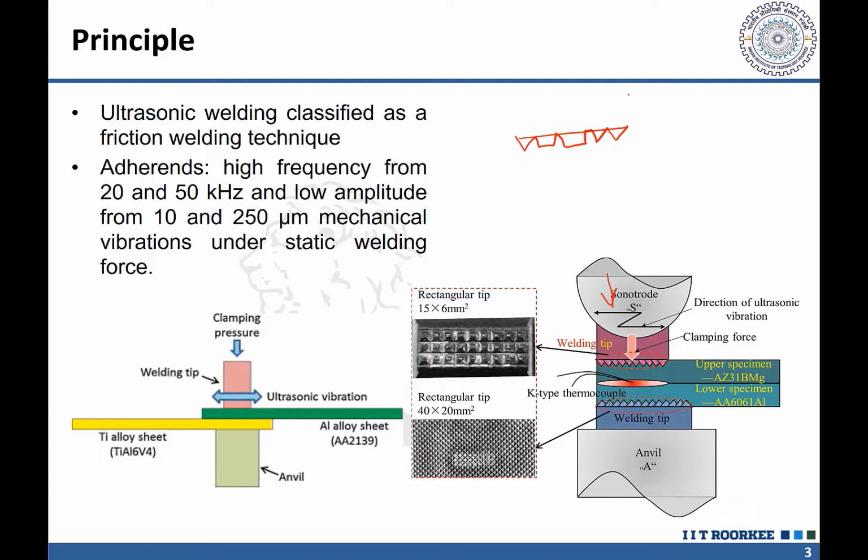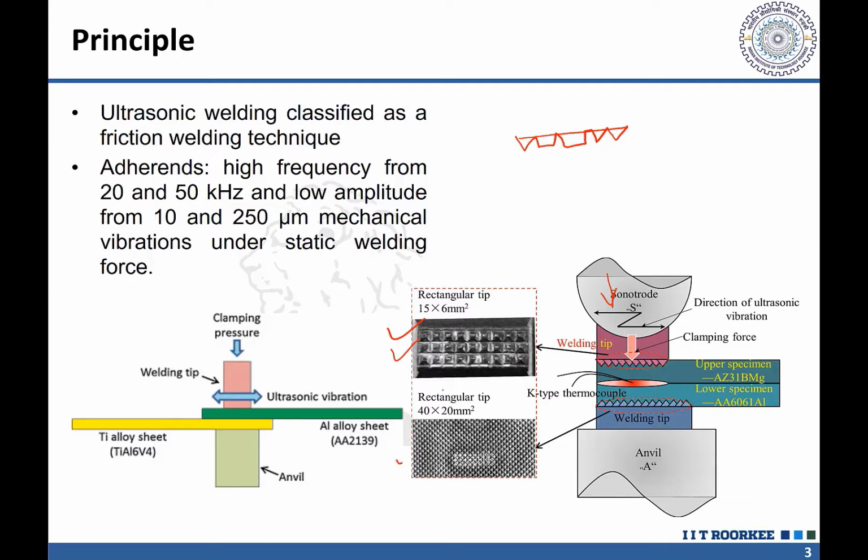It helps in focusing the application of the vibrations, so that enough interfacial softening or melting can be realized through the interfacial frictional heating. These are the typical sonotrode tip surface morphologies.